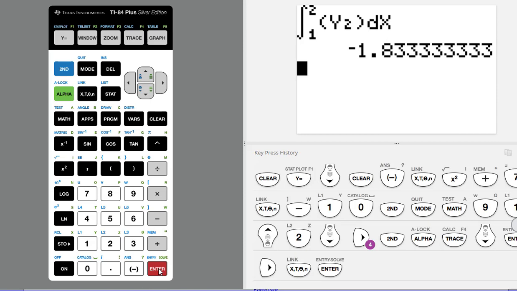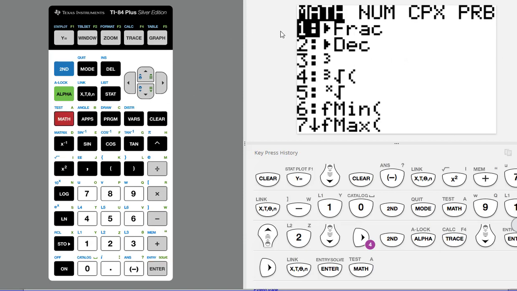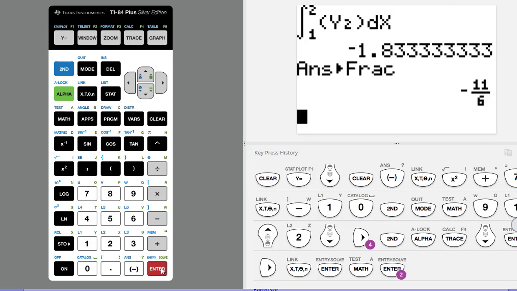Okay, so there's that number. But remember, we need to take the absolute value of that number. You might store it as a particular value or write it down, but we have to have the absolute value of that. To make this a fraction, we can do math, and the first option there is fraction. And so it writes it as negative 11 over 6. So for that first piece, we're going to have 11 over 6.